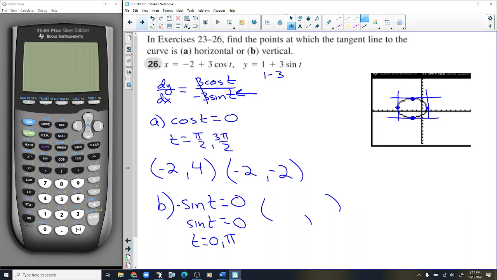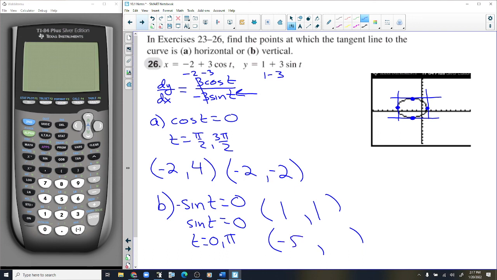Now when we plug 0 in, cosine of 0 is 1. -2 plus 3 is 1. Sine of 0 is 0, so 1, 1. There it is, right there. And then the other point, plug pi in. Cosine of pi is -1, so -2 minus 3, that's -5.